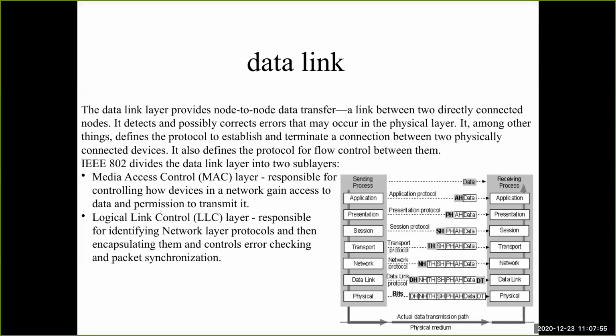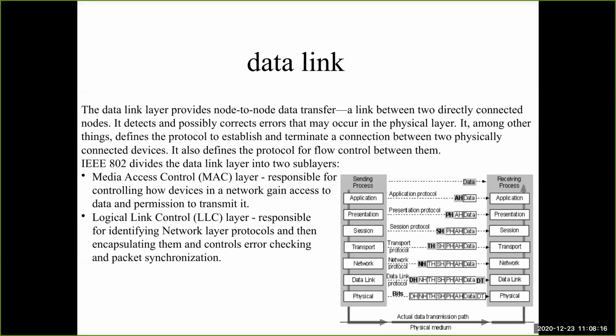We want to transfer data between two directly connected nodes. So for us, it's now not important to send a particular bit or set of bits, but we want to send something which is called a package.